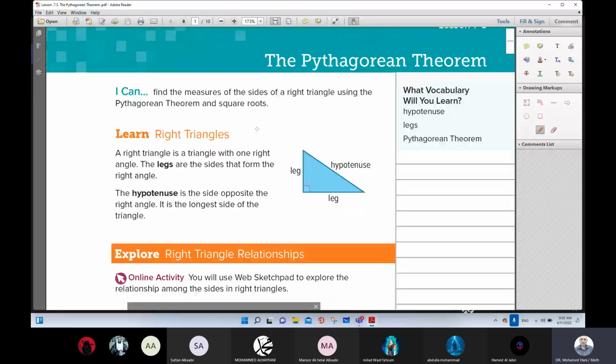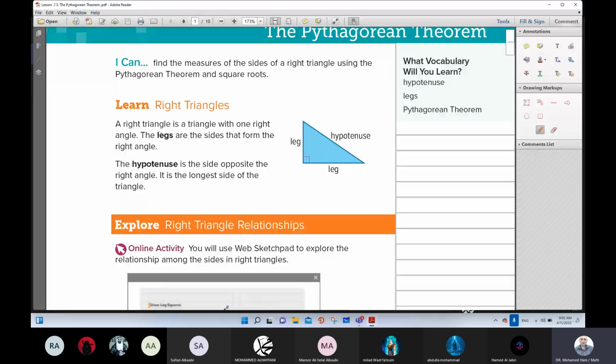What is the meaning of a right triangle? A right triangle is a triangle with one right angle. As you see here in the blue color, we have a right triangle because here we have one right angle.